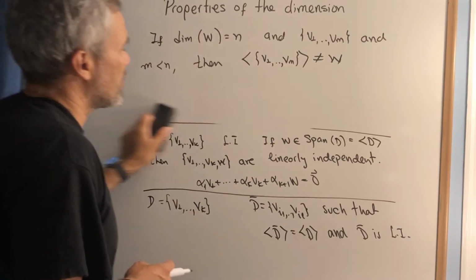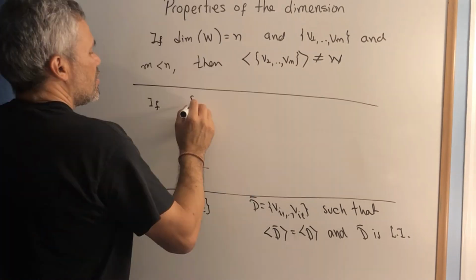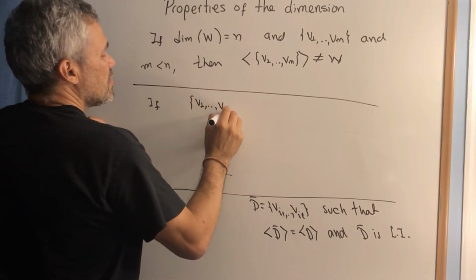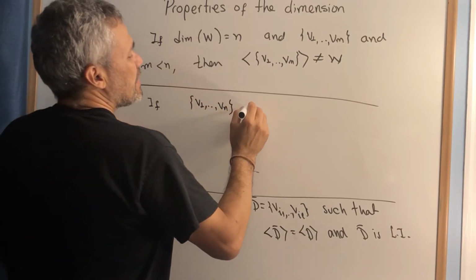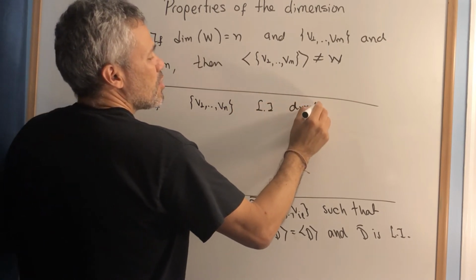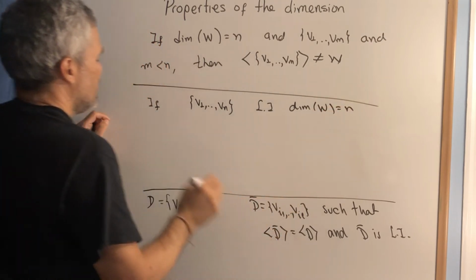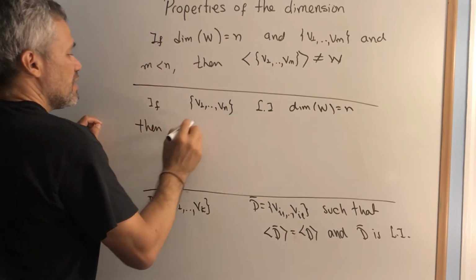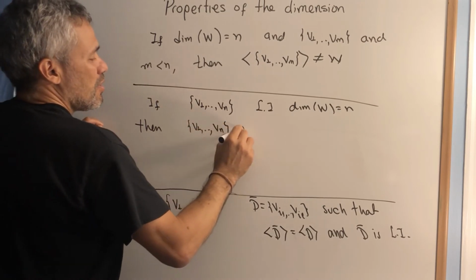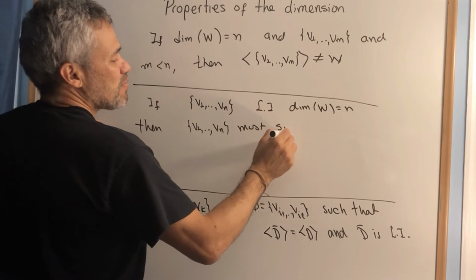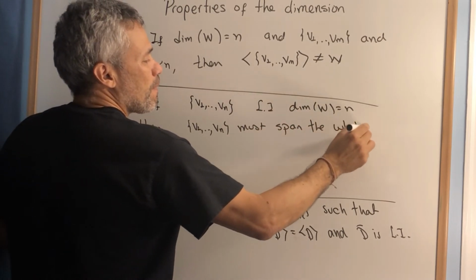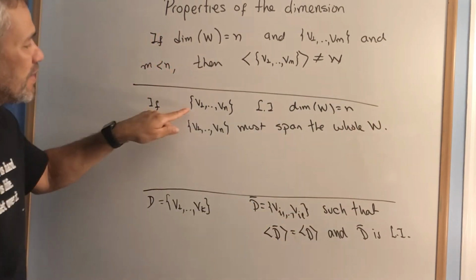What other property do we have? If we have n vectors and they are linearly independent and the dimension of W is n, then these vectors must span the whole W. And the proof is easy.